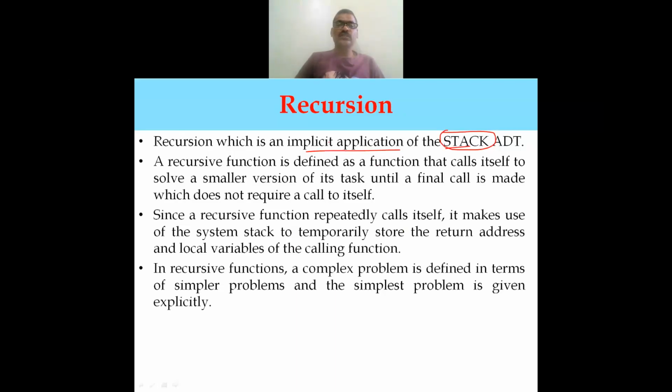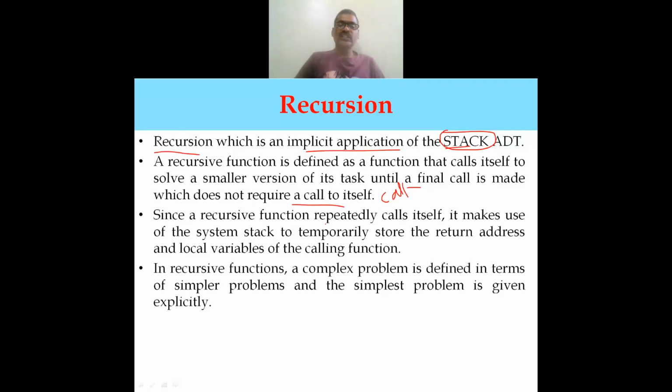The system stack is used implicitly when we write a recursive function. A recursive function is defined as a function that calls itself to solve a smaller version of its task until a final call is made which does not require a call to itself. So recursion is nothing but calling the same function repeatedly until some base condition is satisfied.